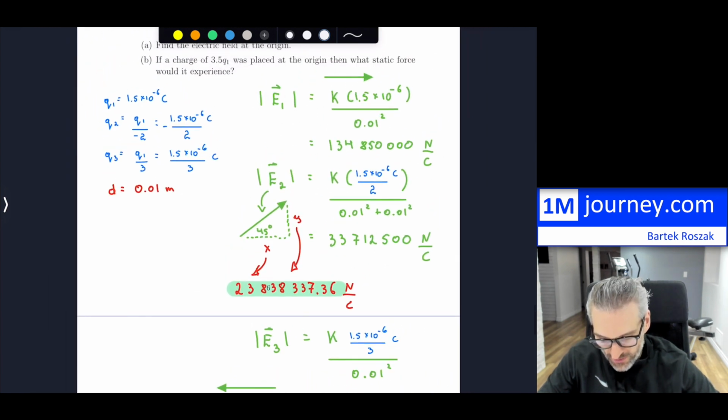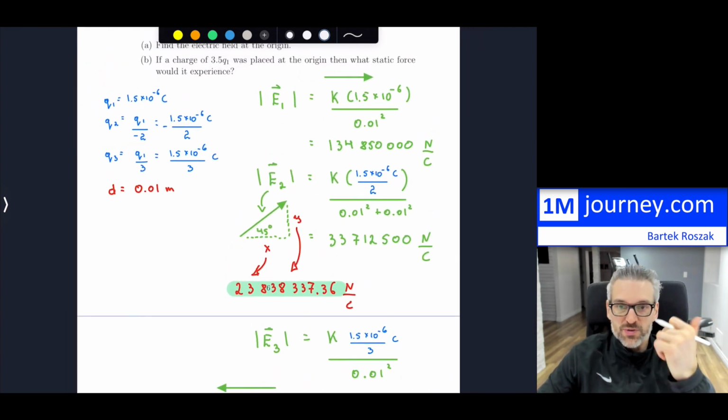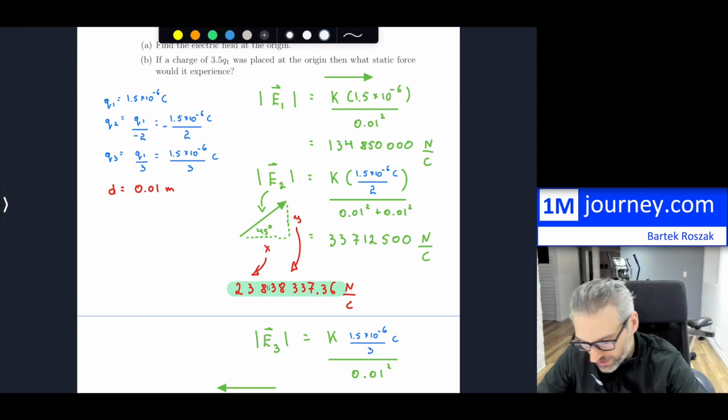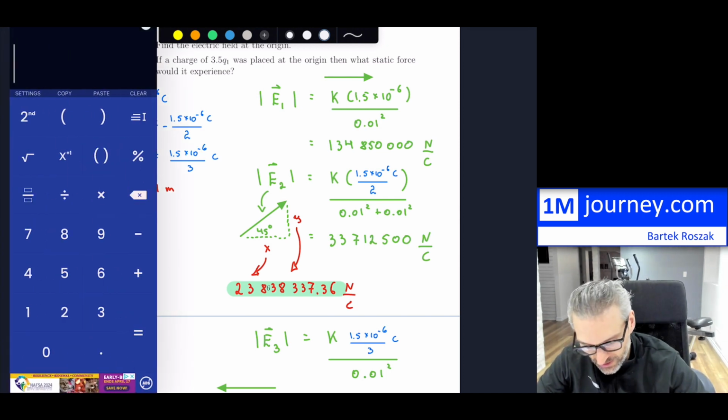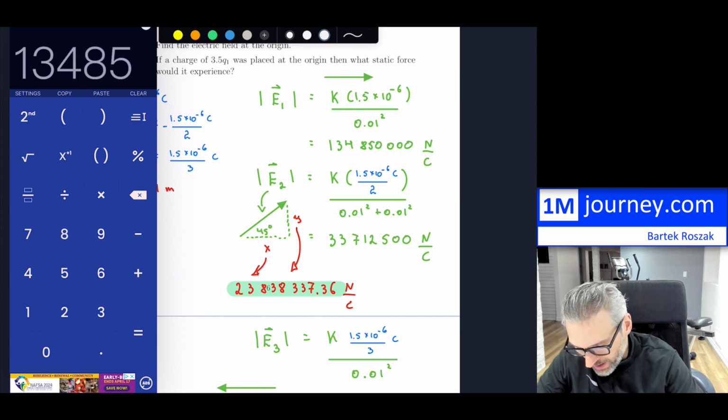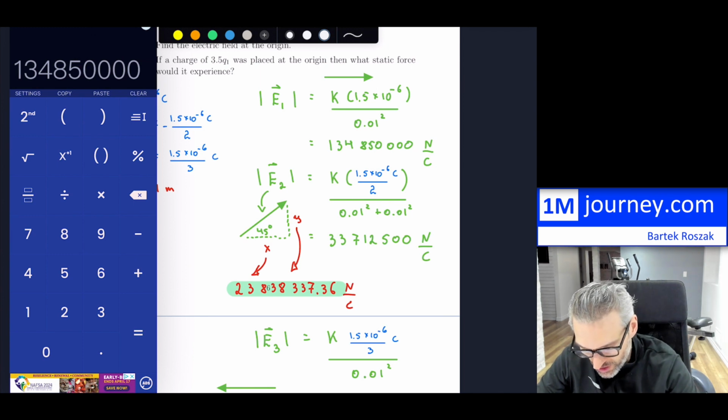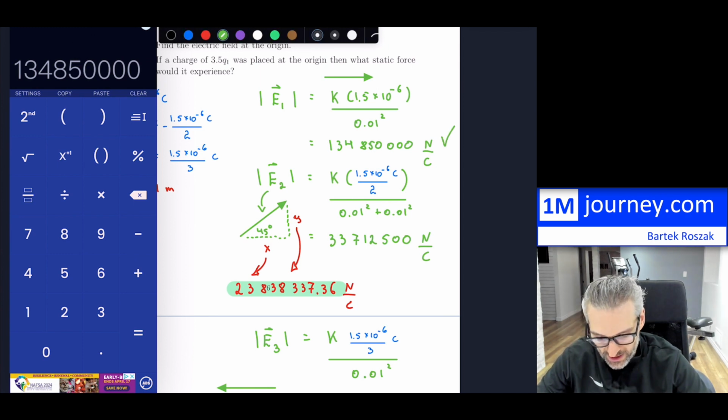So starting with E1, I'm going to assume that this way is positive. So I have to substitute all of this in here. So I'm going to take 1, 3, 4, 8, 5, 0, 1, 2, 3. Okay, so that's check mark to this. That's to the right. Now this one right here, coming from this, is also to the right.